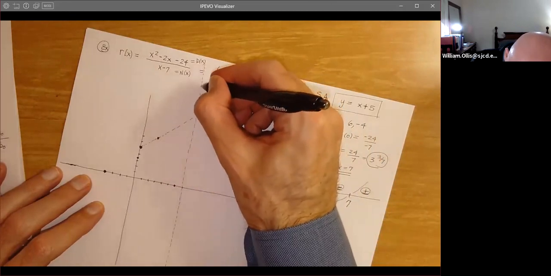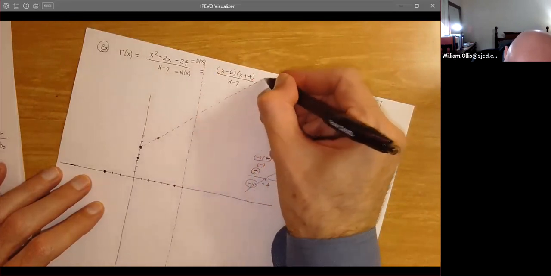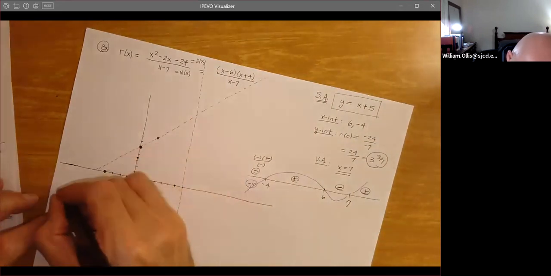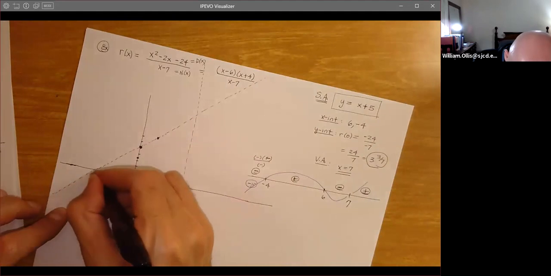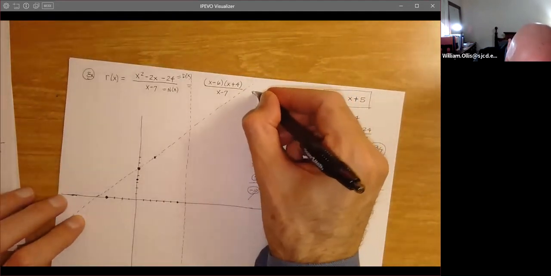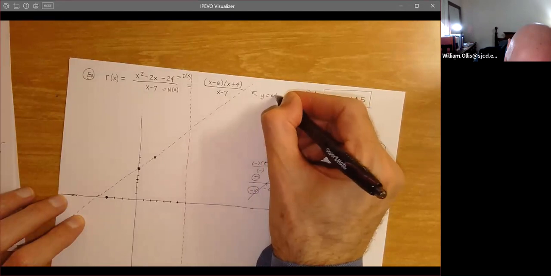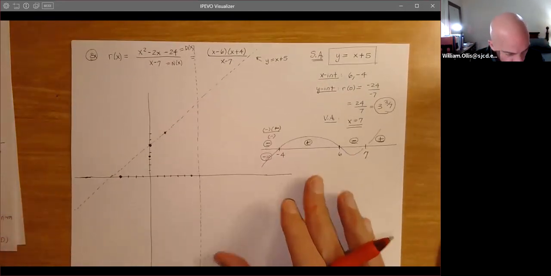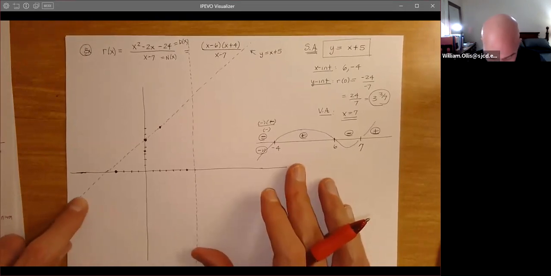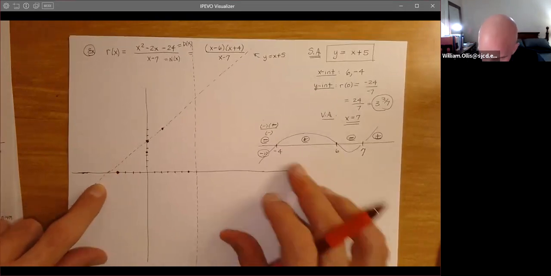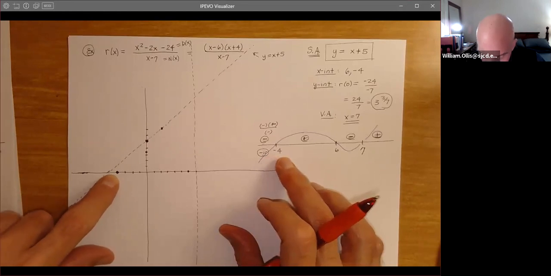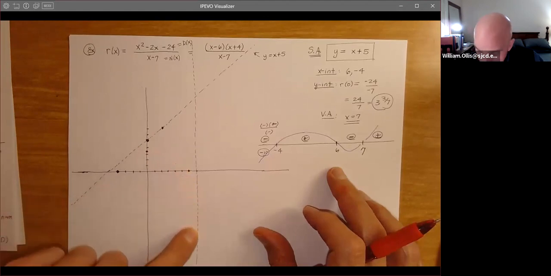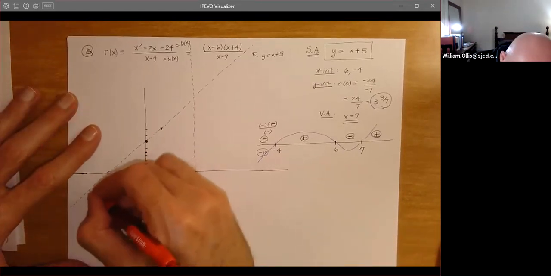A little more room up there. So here's our line, y equals x plus 5. And so now, notice when we actually do this, we have to hug the asymptote. So here we're below. Then we get to the -4, we go above. And then we get to the 6, we go back down. So hug.